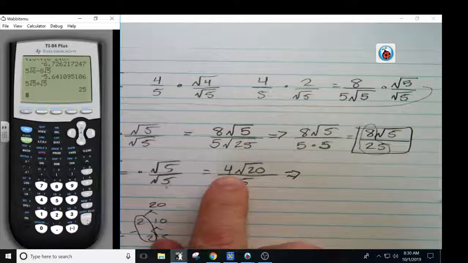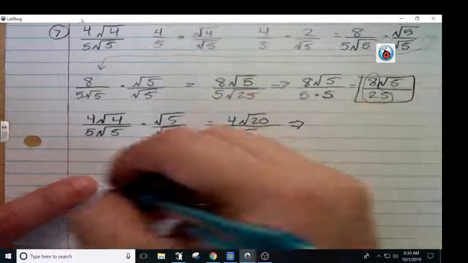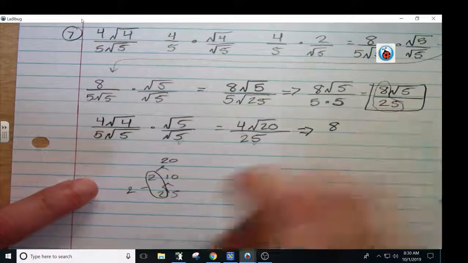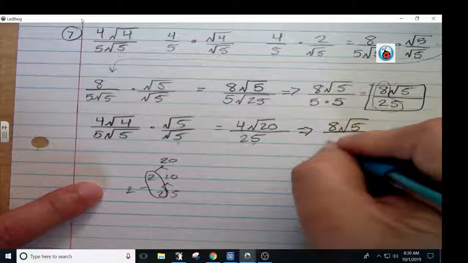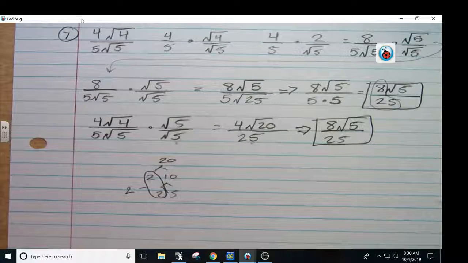There's a 4 already there. So 2 times 4 gives me 8. The 5 goes back in. That's another way to do it. It's about as long as it is wide, I guess.